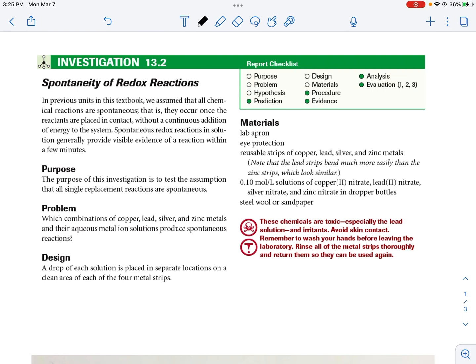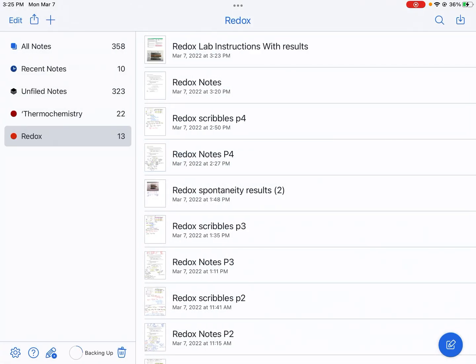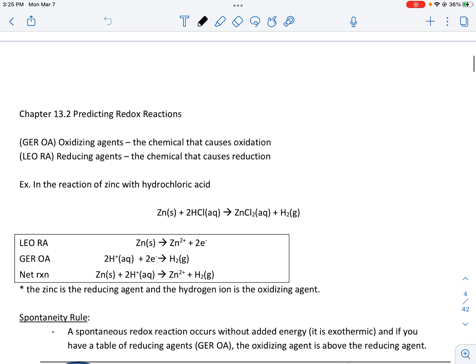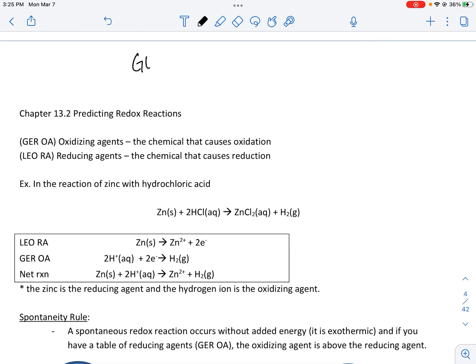Before we dive into this, I will point out that we're going to run into a couple of new terms, and they're going to get used frequently here. So far we've studied GER, the gain of electrons is reduction, and LEO, the loss of electrons is oxidation.